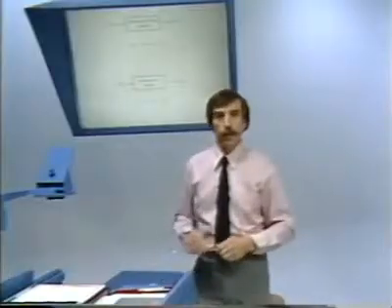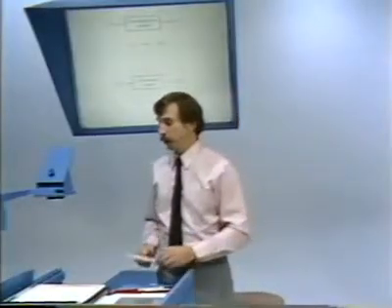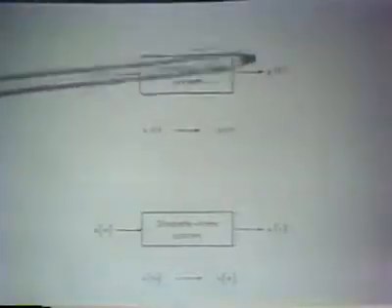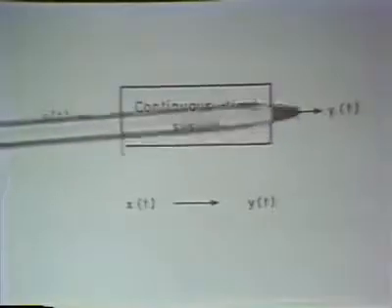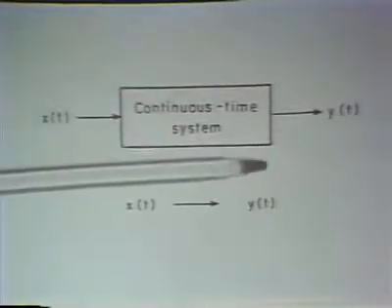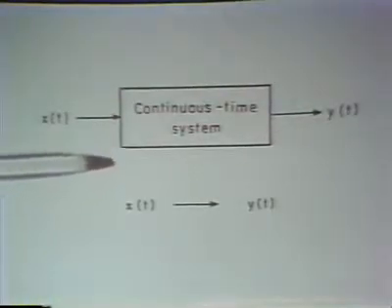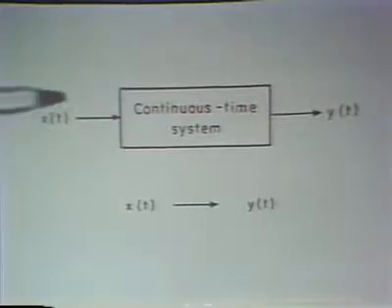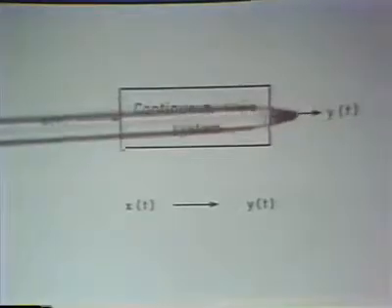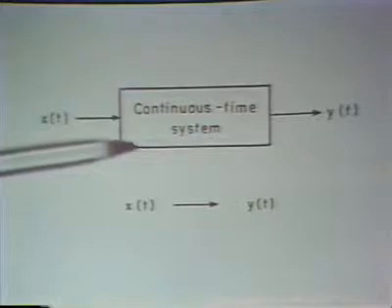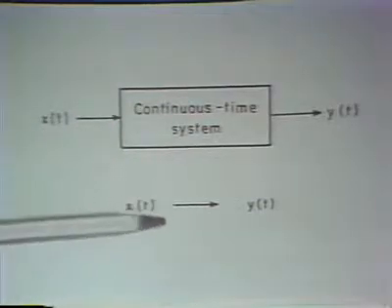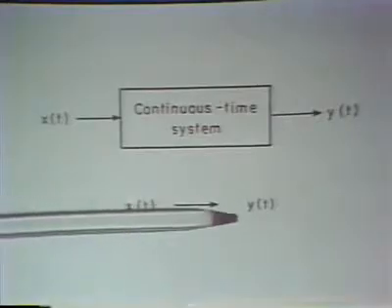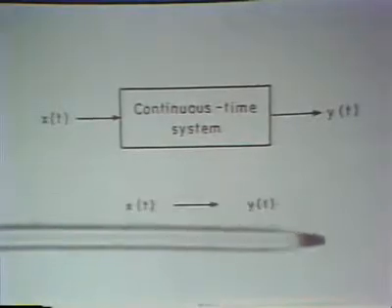So in the continuous time case, we would have a continuous time system, the input x of t, and the output y of t, and the box, in essence, is used to denote a transformation from x of t to y of t. And sometimes we'll also use a shorthand notation along the lines of indicating that the input x of t is transformed to the output y of t.